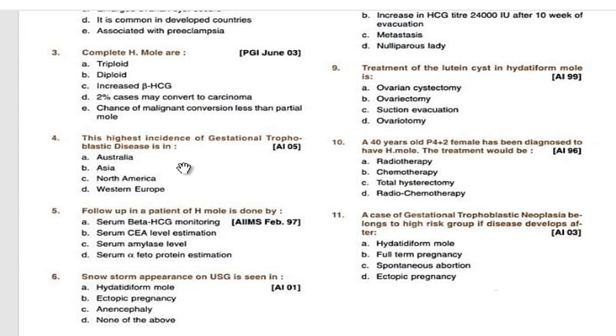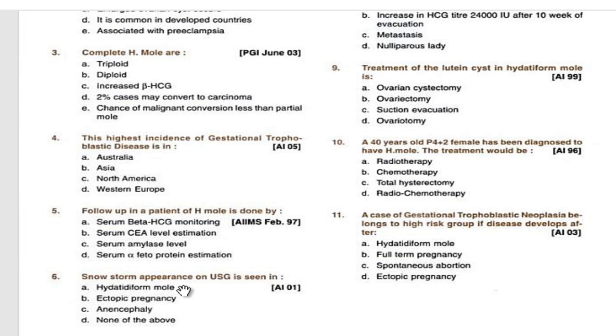The next question: follow-up of a patient of H mole is done by serial beta HCG monitoring, wherein you keep monitoring the HCG serially after 4 to 6 weeks and again after 10 weeks. And snowstorm appearance is a classical one seen in hydatidiform mole. If you read the explanations in any standard textbook, you will find that snowstorm appearance was got by a low resolution ultrasound in the olden days.